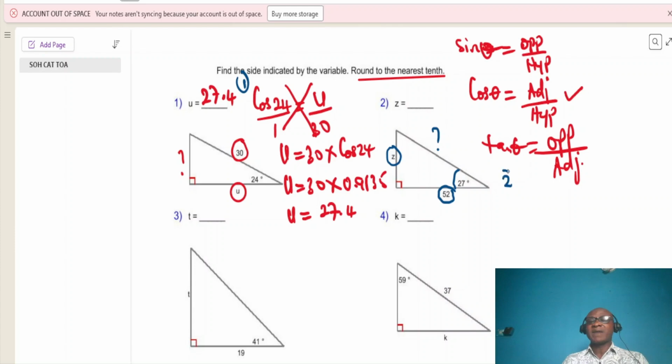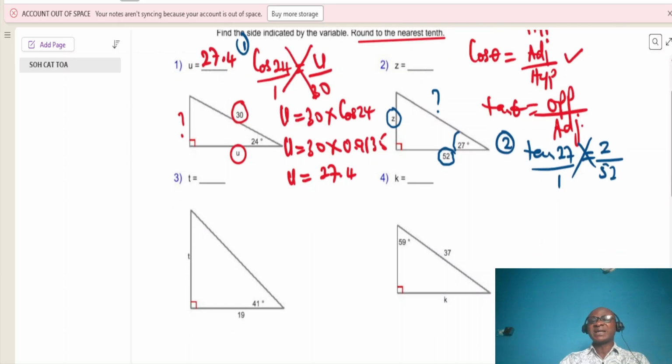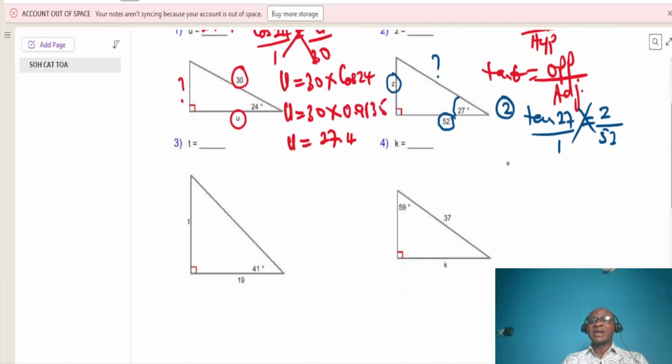Now for question number two, I will use tan 27 is equal to opposite, and the opposite is letter Z, all over 52, the adjacent. I will show my workings by taking a cross multiplication here. It means that Z will now be equal to 52 multiplied by tan 27.